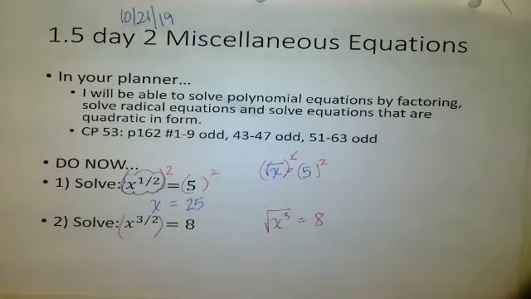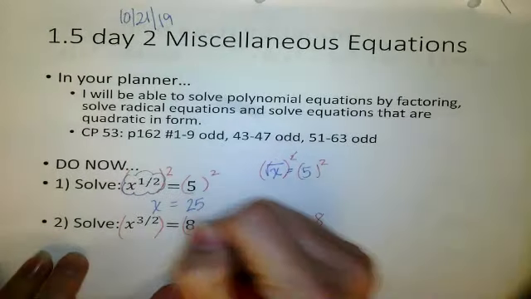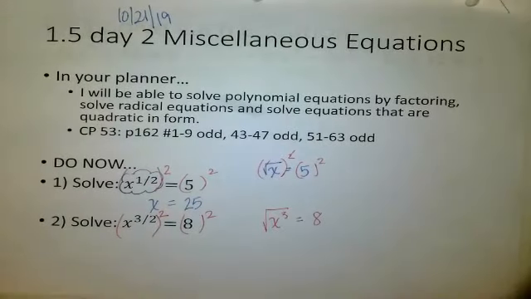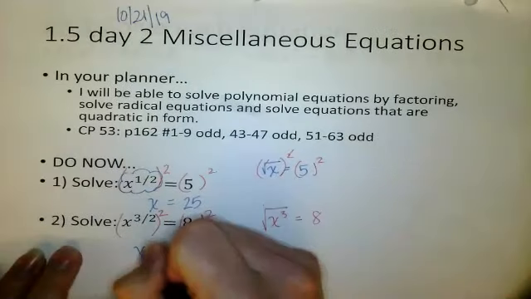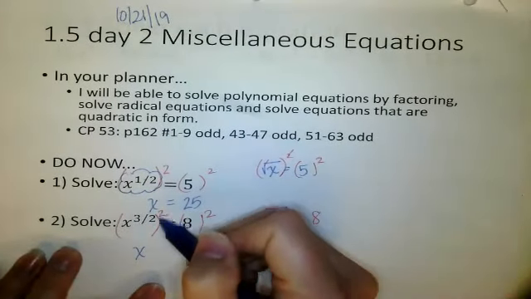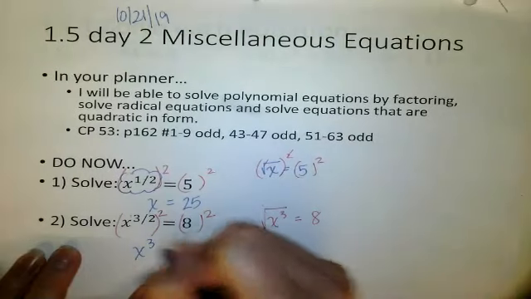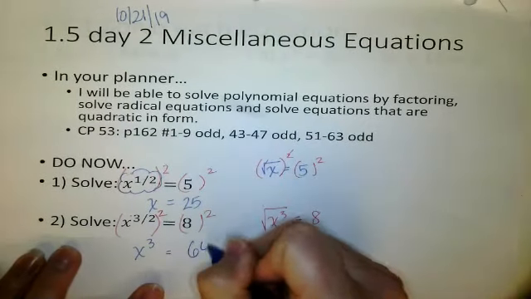Noah, what are you thinking? Can't you just square it as is? So could I square both sides right now? Yeah. So if I square both sides, 3/2 times 2 is just 3, so x to the 3rd equals 64.